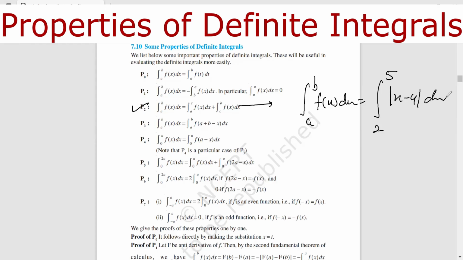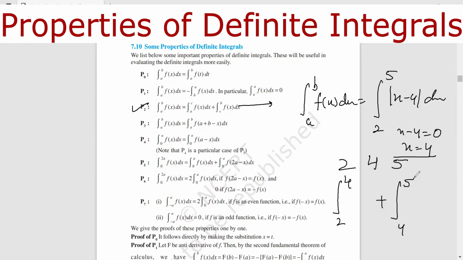What we do is put x minus 4 equal to 0, and here I get the value of x as 4. That means between 2 and 5, I get one more value. So I can split my integral. How? First limit I will take 2 to 4, and second limit I will take 4 to 5.